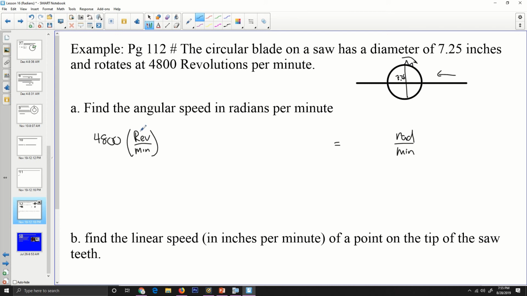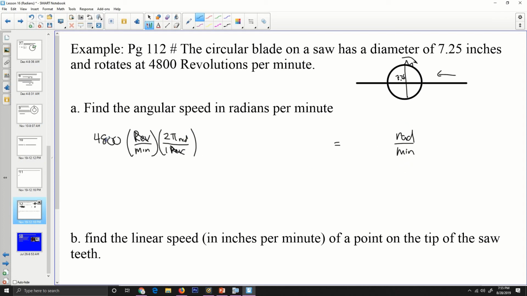All we have to do is change revolutions to radians. That's a simple transformation, because for every 1 revolution, I have 2 pi radians. Then my revolutions cancel, and the only units left are radians per minute.